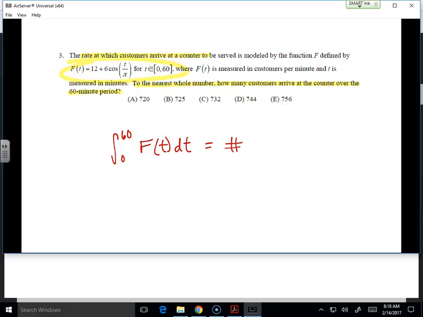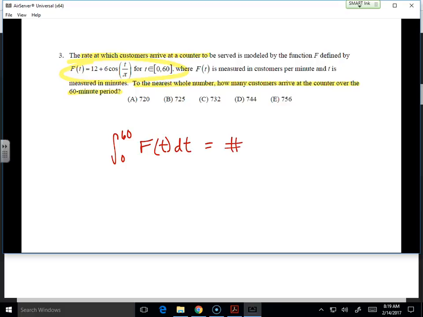To the nearest whole number, how many customers arrive at the counter over the 60-minute period? Here's the question. I'm going to try to word this a little bit better than yesterday. Is this asking for how many customers are in the restaurant at a certain time, or how many customers arrived over a time interval?